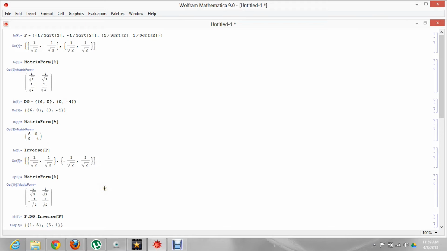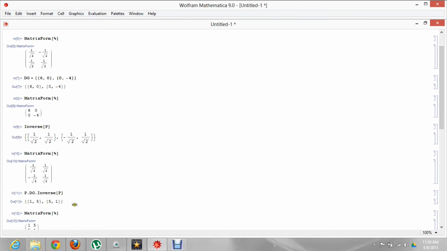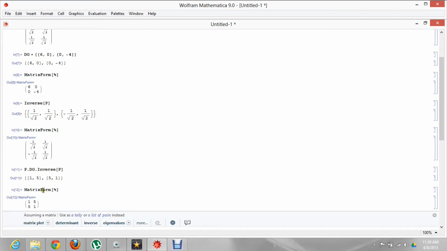And finally, I calculated P times our diagonal matrix times the inverse of P, and put it back into matrix form, and we do find the matrix 1, 5, 5, 1, which was the symmetric matrix A that we began with. This confirms that all of our calculations were correct, and we've been able to orthogonally diagonalize our symmetric matrix A.